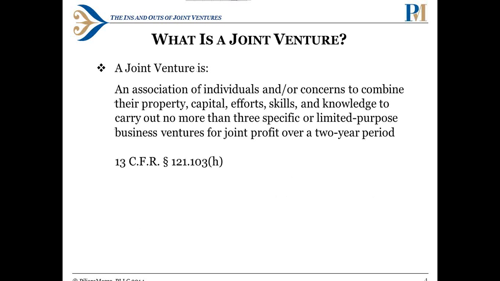So the first point is, what is a joint venture? And we've put forth this definition out of the SBA's definitional section of the regulations. So as you can see, a joint venture is an association of individuals or companies that combine to carry out no more than a limited purpose, and SBA defines that as no more than 3 specific or limited purpose business ventures for joint profit over a 2-year period.